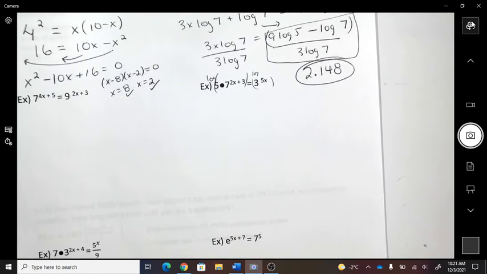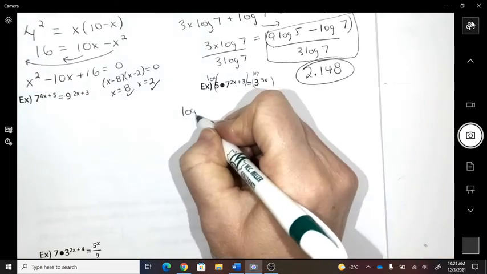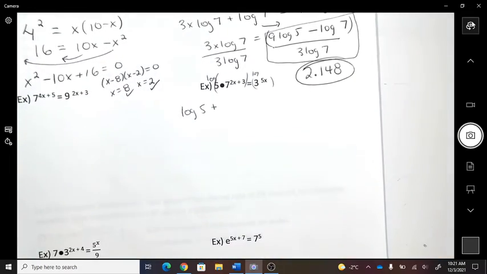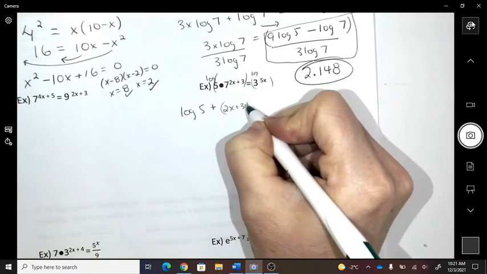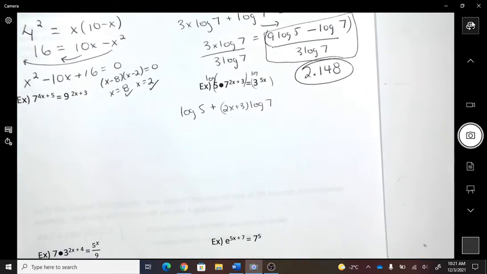So I'm going to split log 5 plus, so multiplication splits with add, and I'm also going to move the exponent to the front. The multiplication splits add, exponents become coefficients. Is that okay? Looks good with the rules?